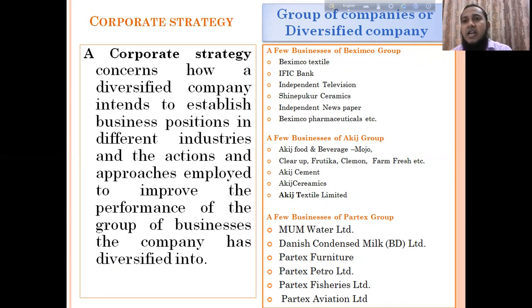I think I need to clarify to you about diversified company or group of companies. A diversified company is a company which operates its business activities in different industries, which operates so many businesses, which invests in diversified industries or fields.